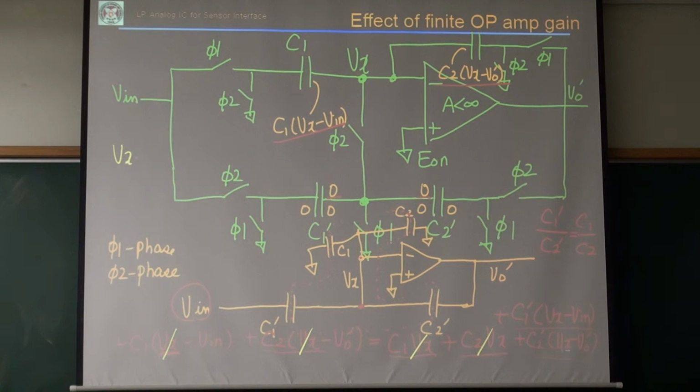My Vx is what? C1 prime C2, C1 prime C2, and then what else? C1, V in, C1 minus Cx times V in, C2 minus Cx times Vo.